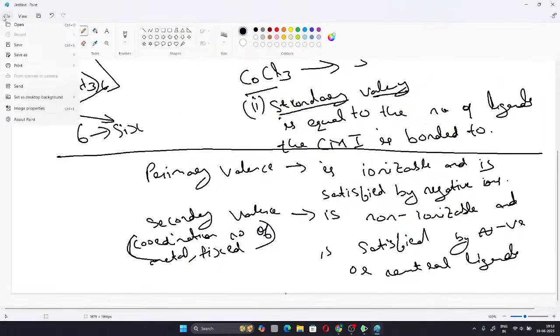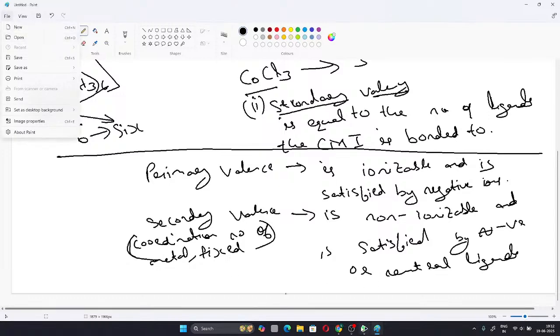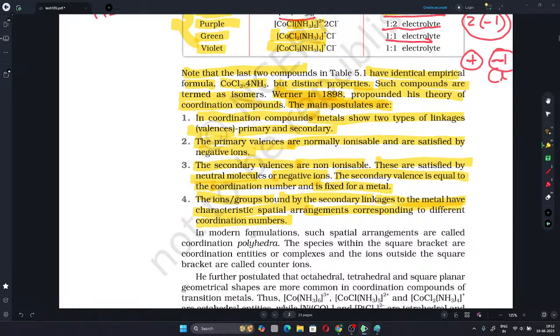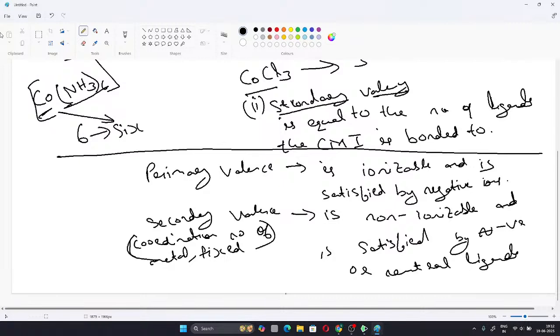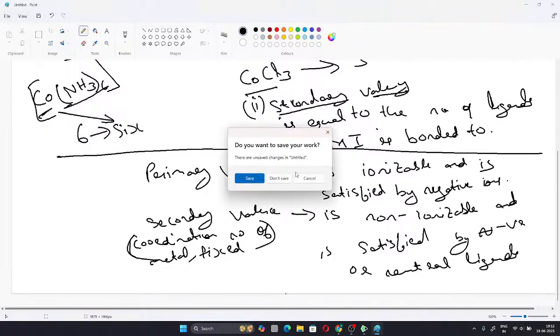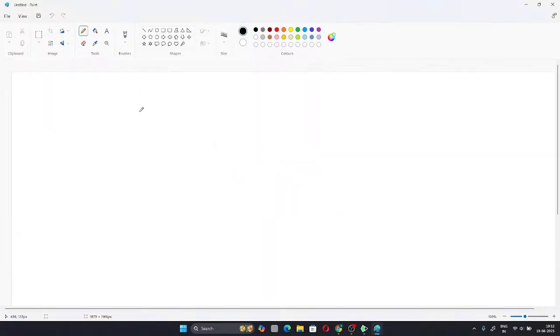And the arrangement of this is what we call polyhedra. When cobalt takes 6 NH3, how will these be arranged in space?